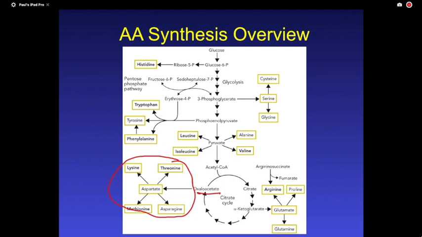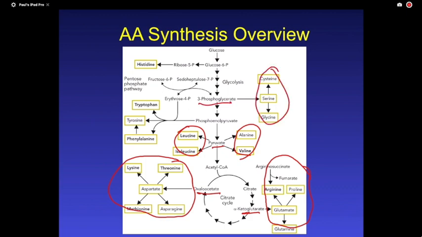This group over here comes from alpha-ketoglutarate. Pyruvate will make these 4. 3-phosphoglycerate, make those 3. The erythrose 4-phosphate can help make tryptophan. Phosphoenolpyruvate will also be involved in phenylalanine, tyrosine, and tryptophan. And glucose 6-phosphate will go for histidine.